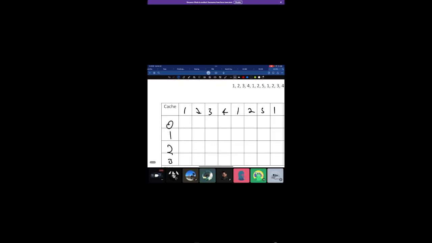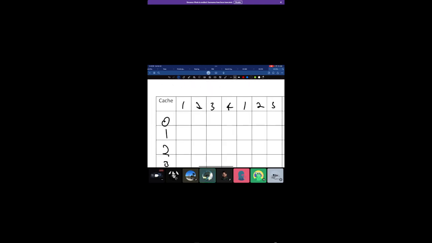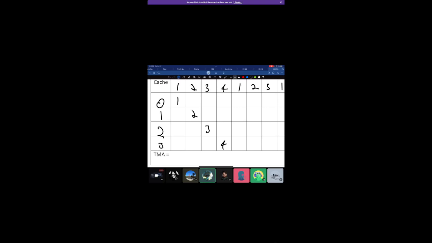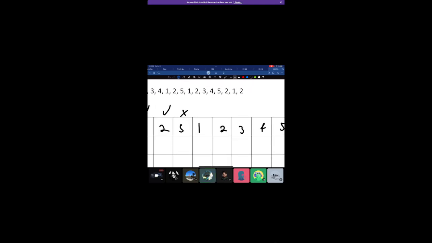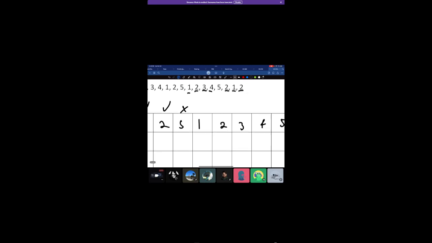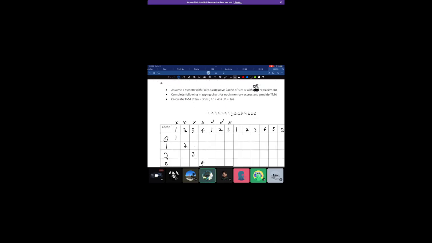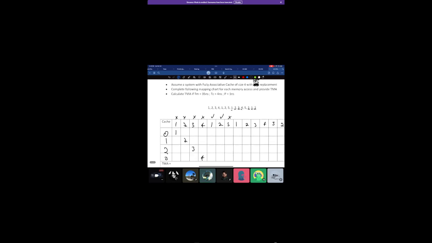So this is fully associative, and these are all misses. It's going to look like this: 1, 2, 3, 4. But then we get a hit. We get a miss on 5. So now we have to look into the future and compare what's used the most times.